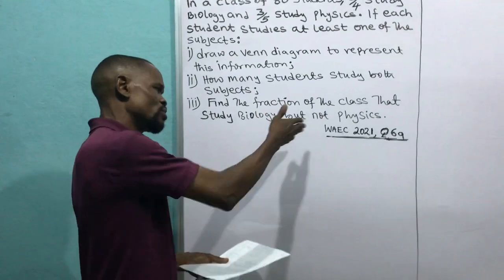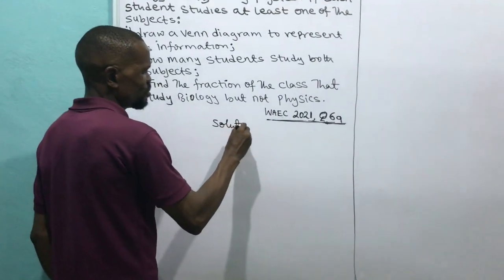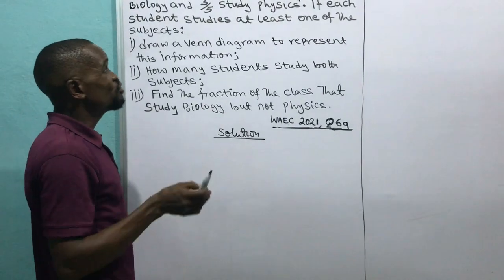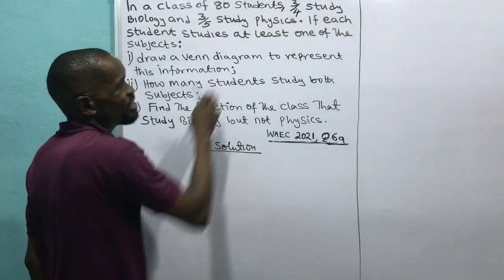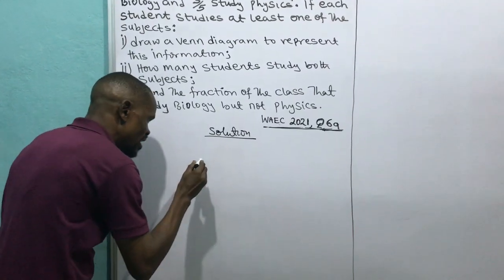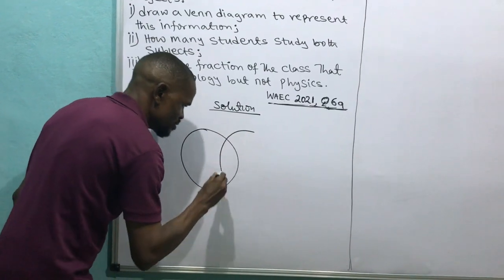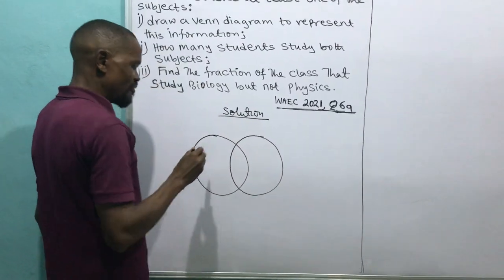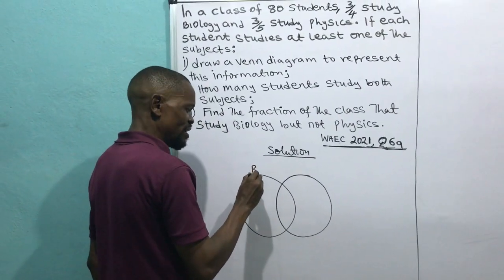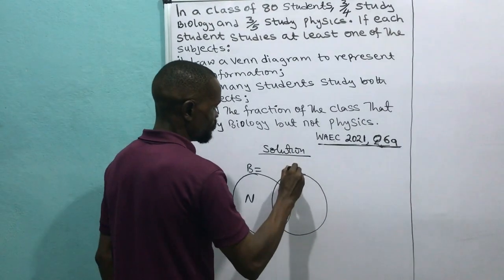Now, let's go to the solution. This is 2 sets, and these 2 sets are biology and physics, which is what they mention here. I use B to represent biology and P for physics.